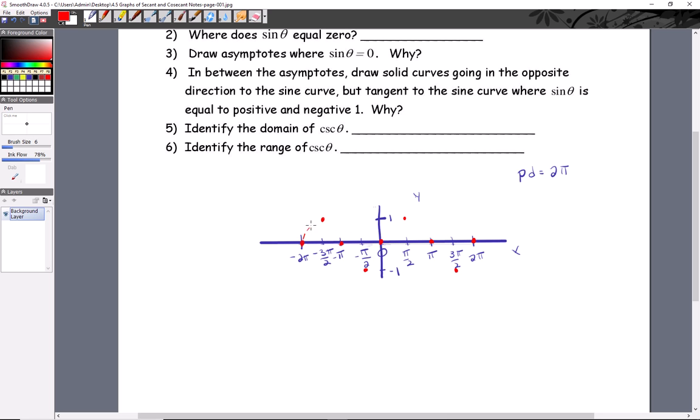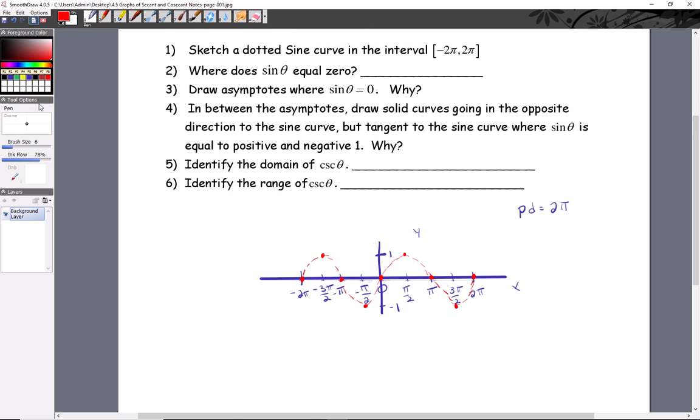Now we're just going to complete the graph, but we're going to do it with a dotted line because we're actually not here to graph a sine curve, although this is going to be part of the process. We're here to graph cosecant. That's just going to form a foundation, sort of like a backbone. And now they're asking us, where does sine theta equal 0?